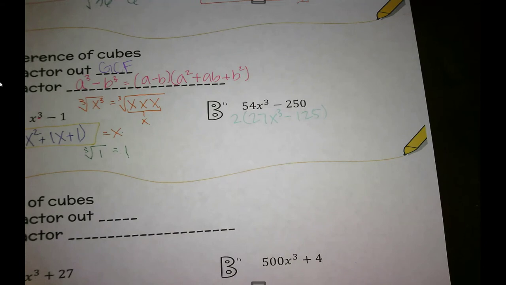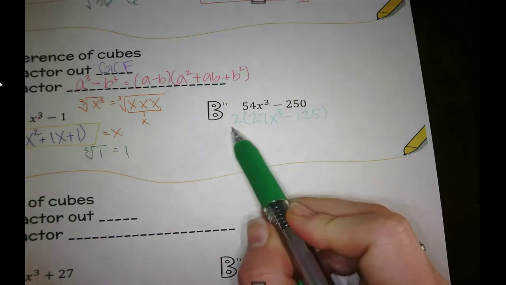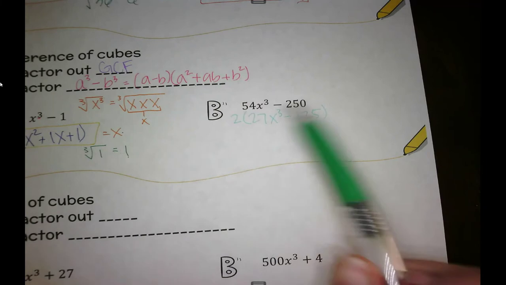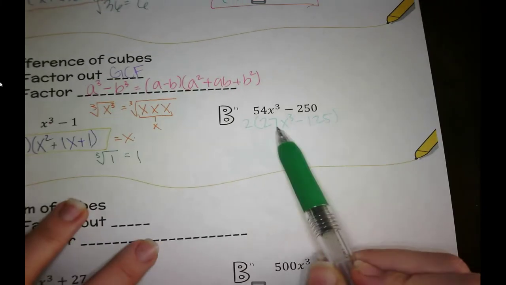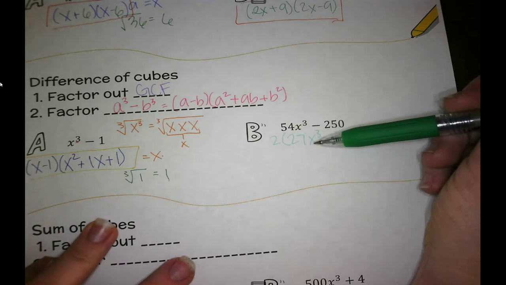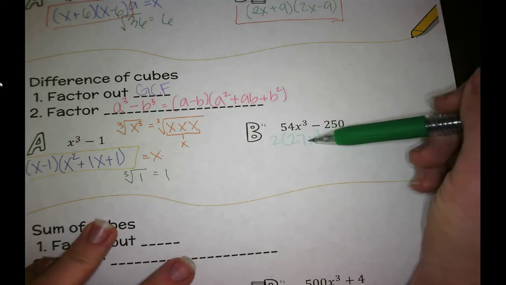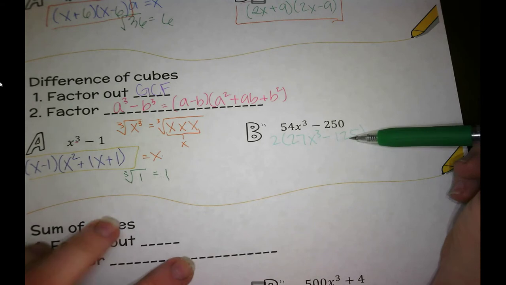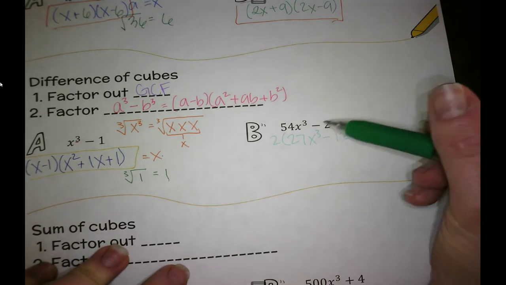Okay, this 2 is just going to hang out front and be a part of our factors. But now here we have a difference of cubes because these are perfect cube roots. And we have a minus.